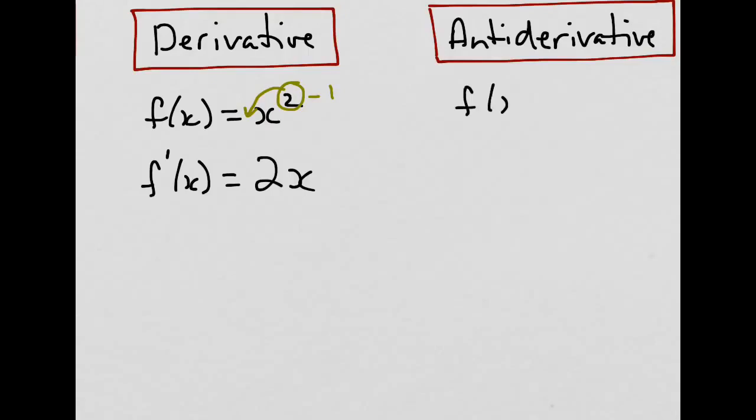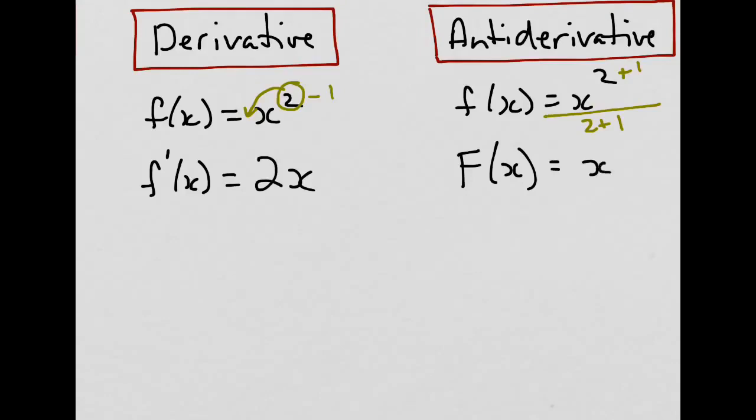So if we had the same function, f of x equals x squared, and wanted to find the antiderivative of this function, we'd do the exact opposite. We would add 1 to the exponent first, then divide by this value. And this would leave us with x cubed divided by 3, which becomes the antiderivative of x squared.